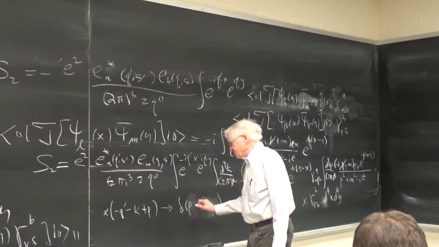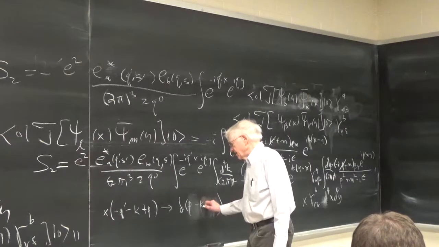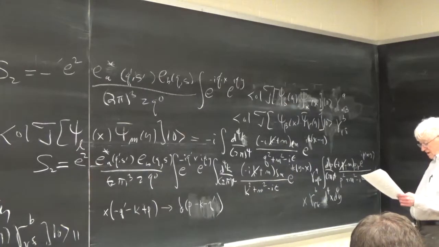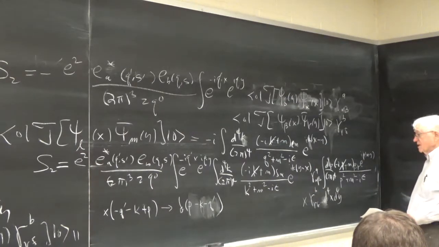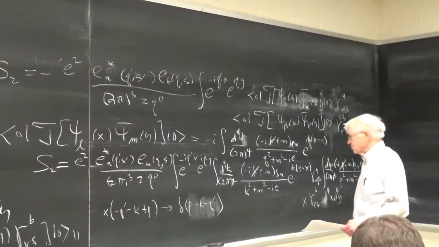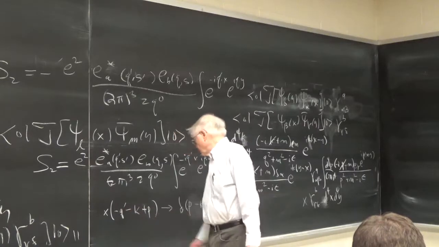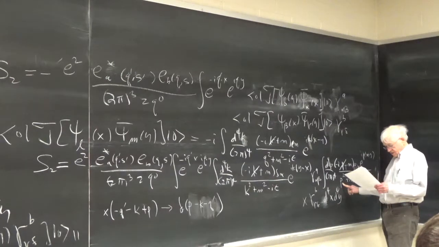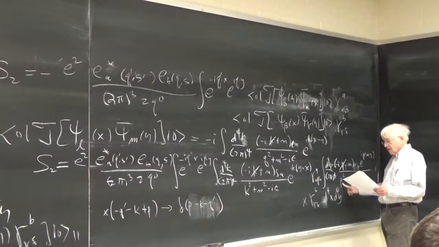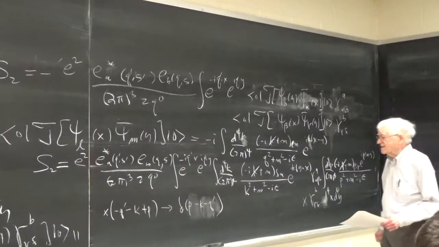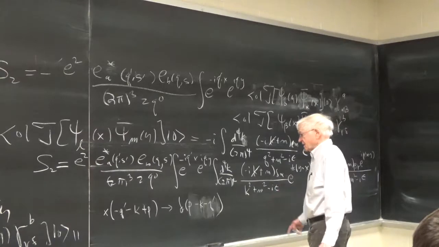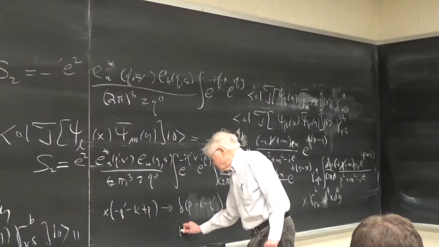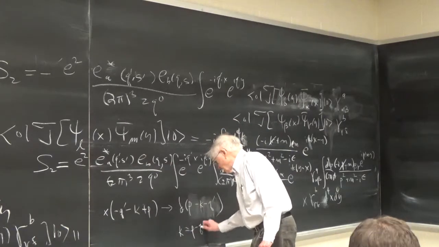So that tells us that, I'm sorry, it's k that I want to get rid of and not p. So K is equal to P minus Q prime.